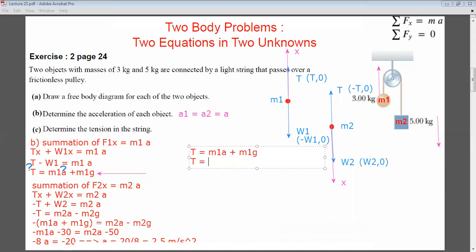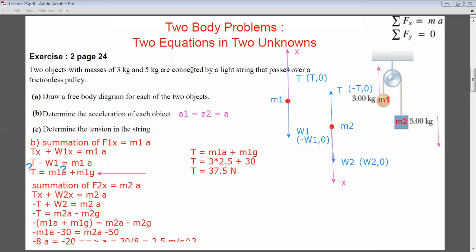So tension is equal, M1 is 3 times 2.5 plus 3 times 10, which is 30. So we get tension is equal 37.5 Newton. Okay, so we solved it using two equations in two unknowns.